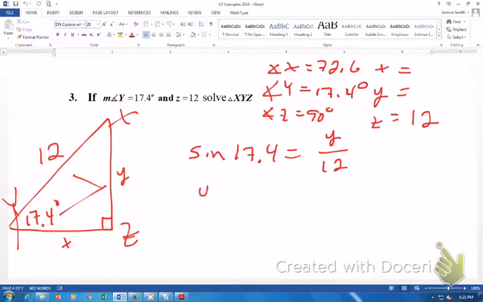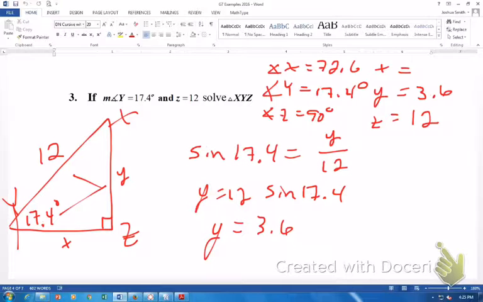Since y is up high, I'm going to multiply. I'm going to get 12 times sine of 17.4, and y ends up being 3.6.